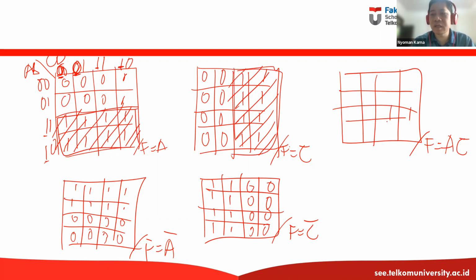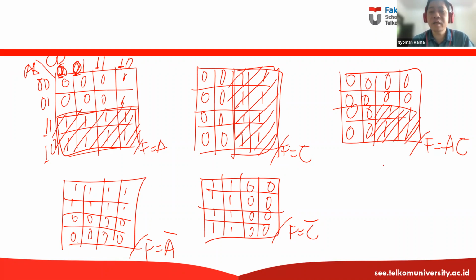So this is the case. And the rest are 0. Like this. So this is the group for A, C.